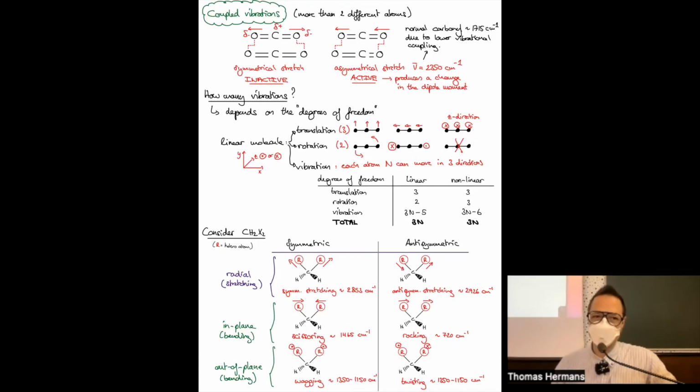So this was a very long story just to talk about one single vibration. Now, if we go to molecules, of course, we have more than one vibration. And what do they do? They couple. So we're going to call them coupled vibrations.